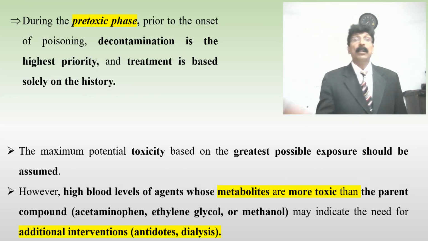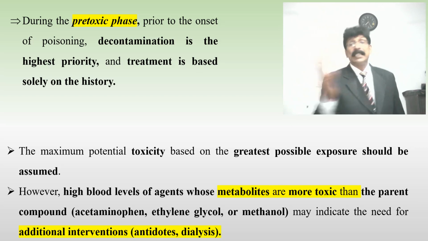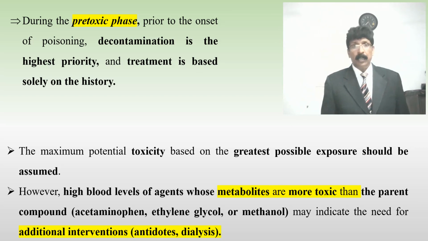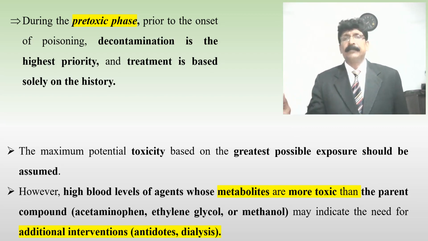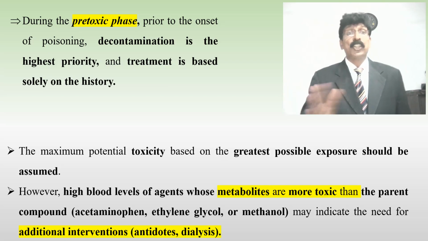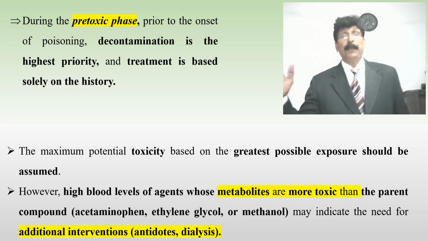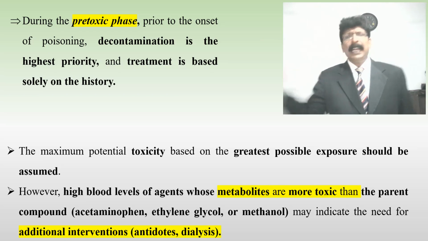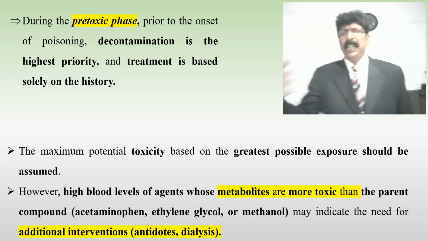During the pre-toxic phase of the treatment, prior to the onset of the poisoning, decontamination is the highest priority and the treatment is based solely on the history. What is the time? That is the pre-toxic phase. Immediate decontamination, no absorption will take place. The patient can be easily saved.